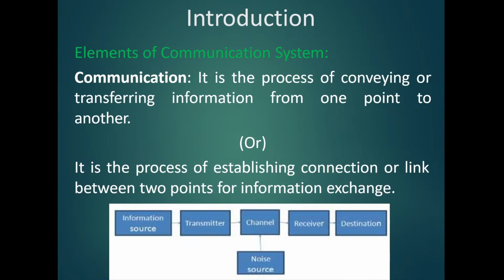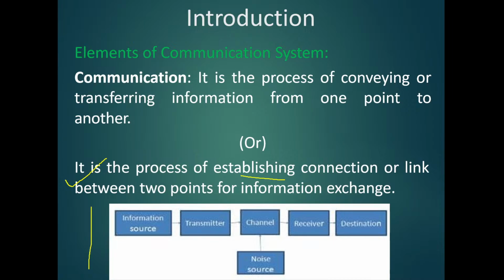So very first, let's start with the introduction. Let's first understand what communication is. Basically, it is nothing but exchange of information between 2 points through establishing a connection. It's a process of establishing a connection or link between 2 points for information exchange.